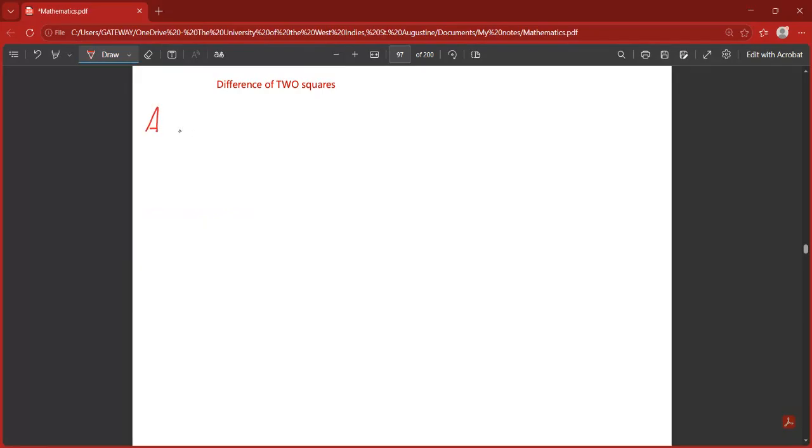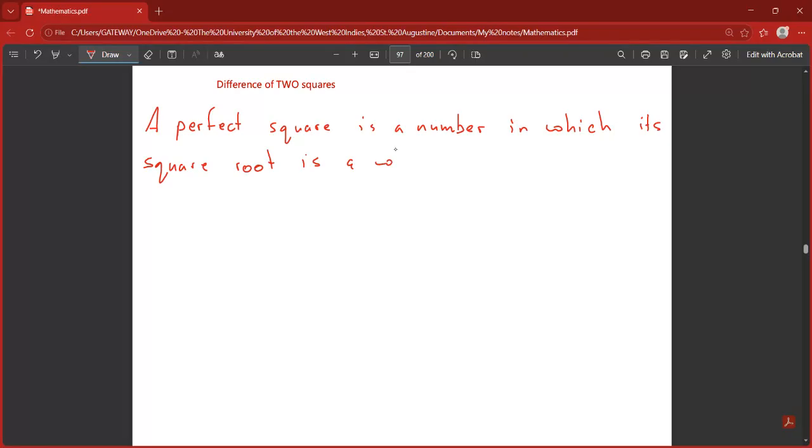A perfect square is a number in which its square root is a whole number.